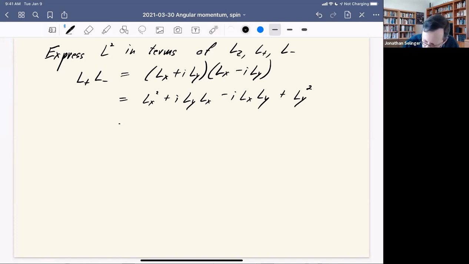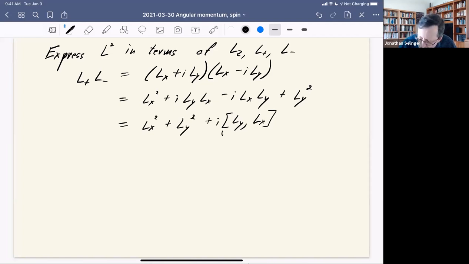So this is LX squared plus LY squared plus I times the commutator of LY and LX.